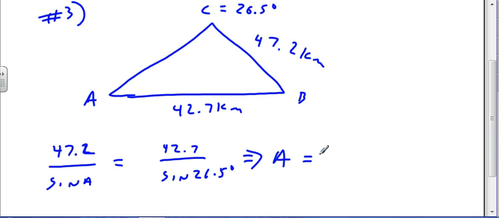Arc sine of 47.2 times the sine of 26.5 divided by 42.7, close parentheses, and I end up with 29.6 degrees as my A.